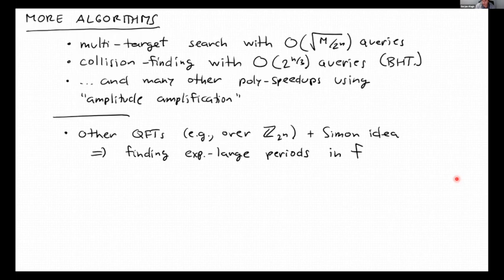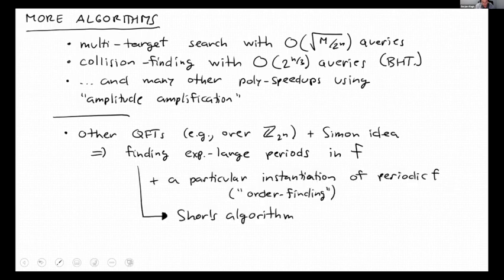If we look at Fourier transforms over other groups, like large cyclic groups, we can also construct efficient quantum circuits for those, and these yield exponential speedups, for example finding exponentially large periods in the oracle function. Together with several other important ideas and a particular instantiation of this periodic f, so no longer an oracle problem, we actually get Shor's algorithm from this.